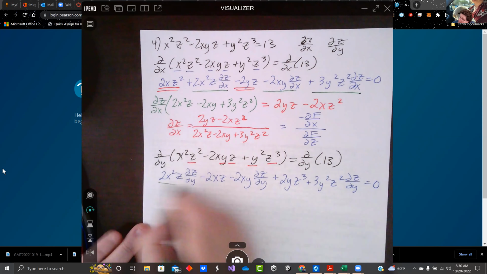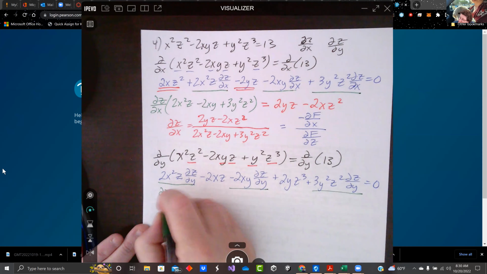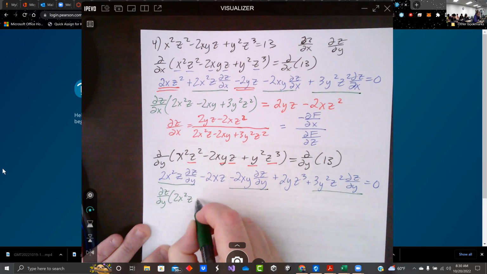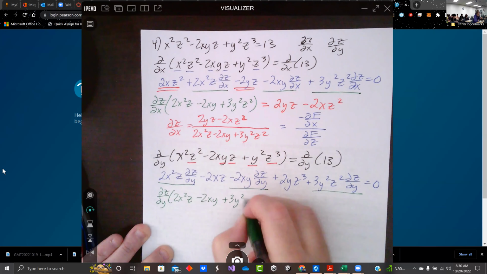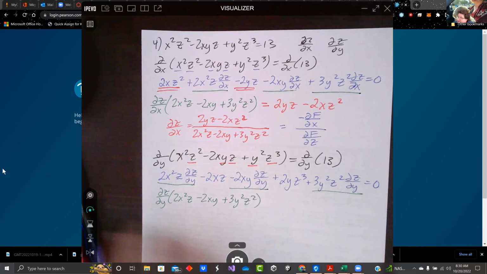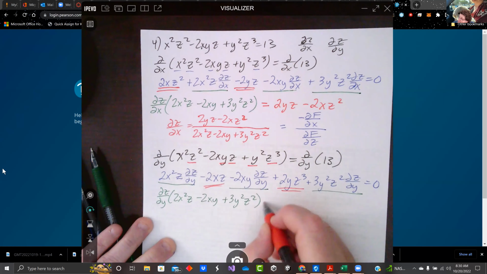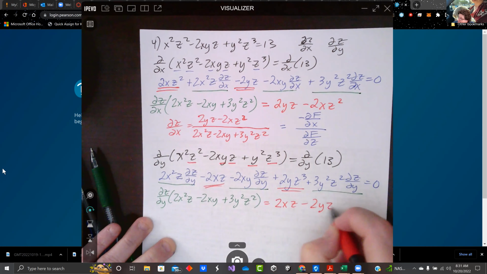Again, I'm going to highlight my terms that have dz/dy and we'll factor that out. And then the other terms, I'm going to move to the other side. Positive 2xz minus 2yz cubed.